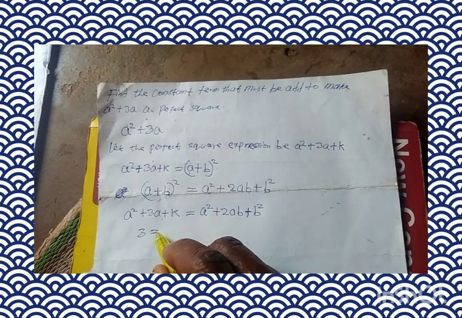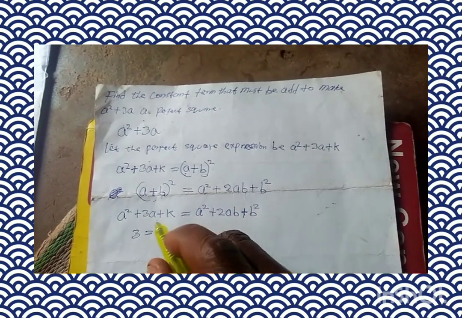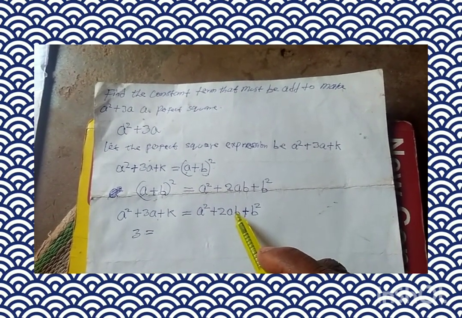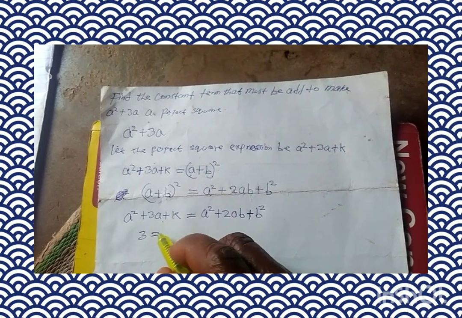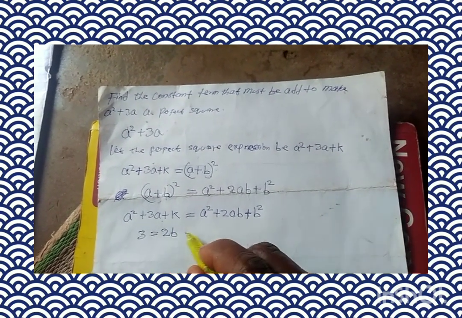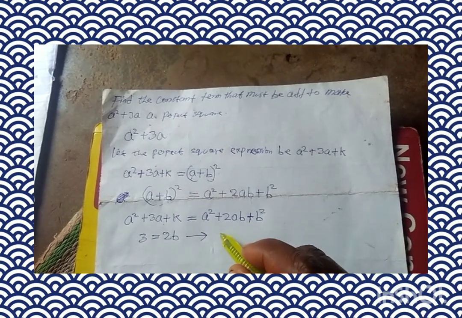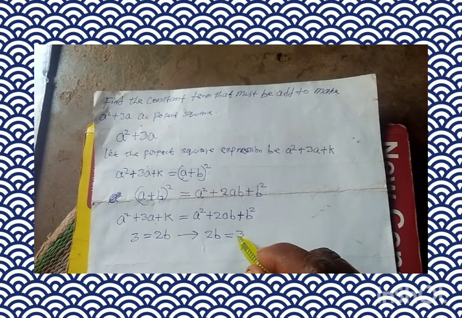So 3 is equal to 2b, which implies that 2b is equal to 3.